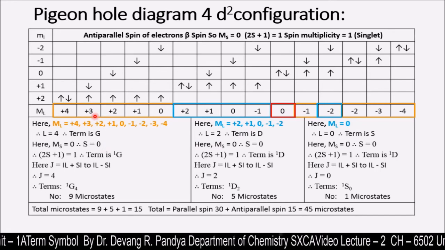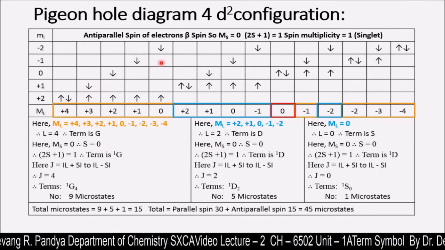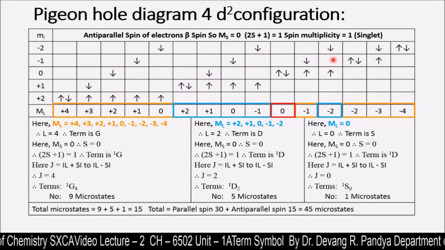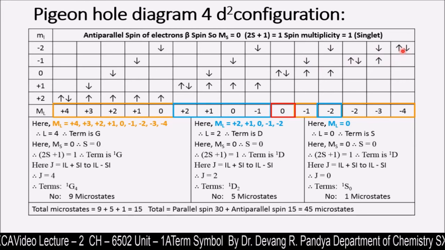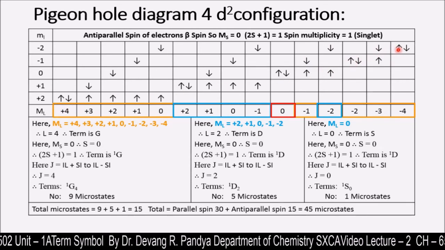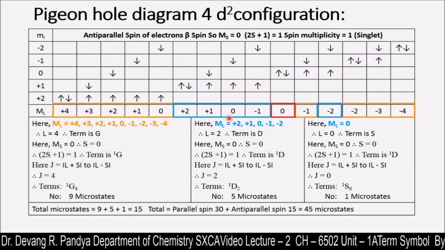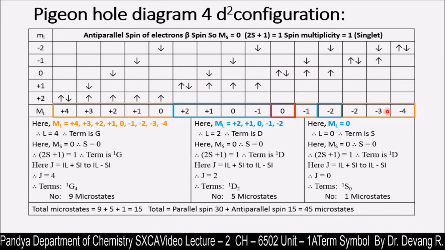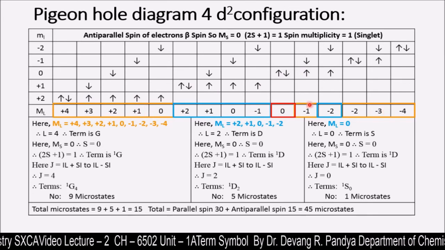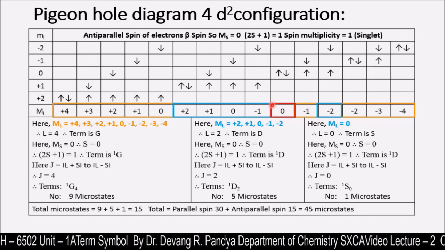Now let us consider this arrangement: parallel, unpaired, unpaired, unpaired, then parallel, unpaired, unpaired, unpaired, then parallel, unpaired, unpaired, then parallel, unpaired, and then parallel. So total possible arrangements of anti-parallel spin have been arranged in this way, so that we get this value of M subscript L. You can see how many sets are there: one in orange color, the other in sky blue color, and the third one in red color.